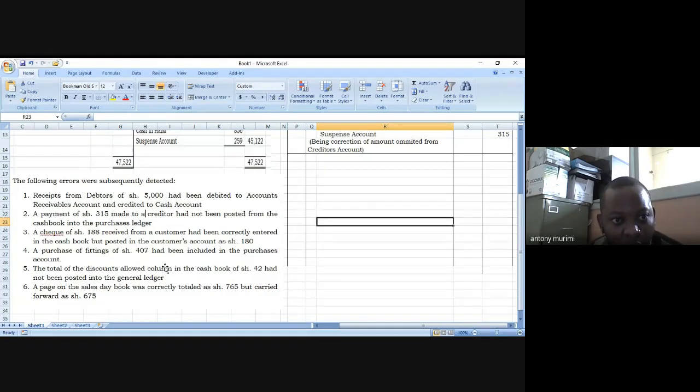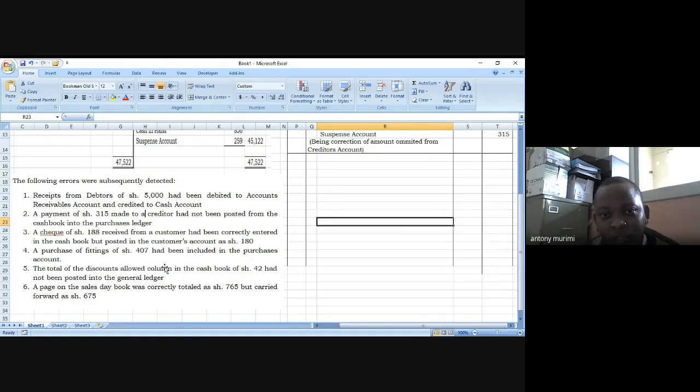In the cash book, 188 shillings was debited. But in the customer's account, 180 shillings was credited, which was wrong. Tuko pamoja? So in the customer's account, or in this accounts receivable account, instead of crediting 188, the accountant credited 180, which is less.